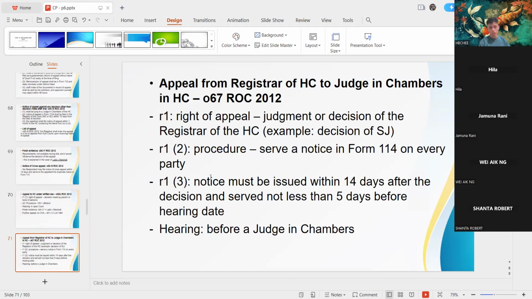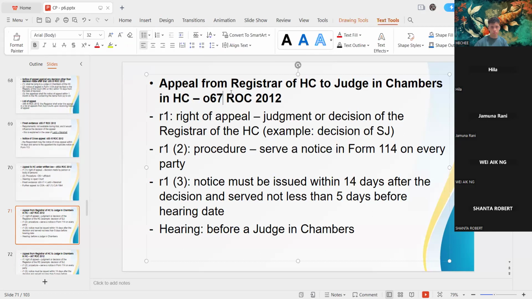So this one is slightly different from the previous one, because this is the appeal from the registrar of the High Court to the judge in chambers.